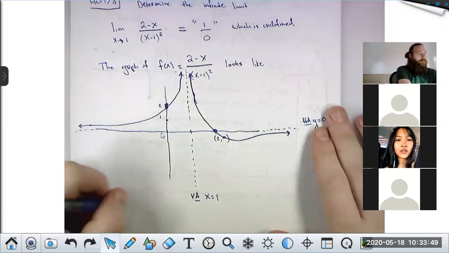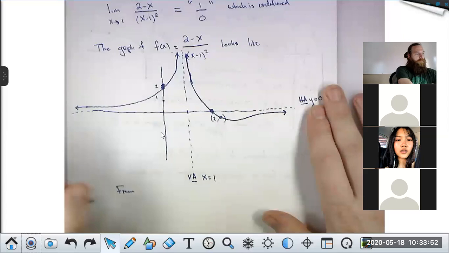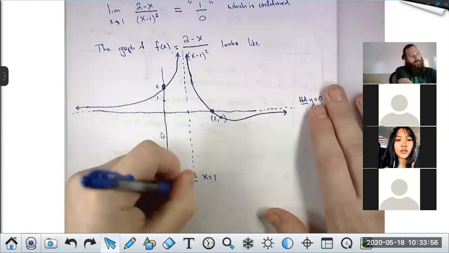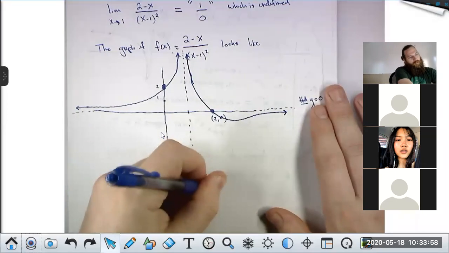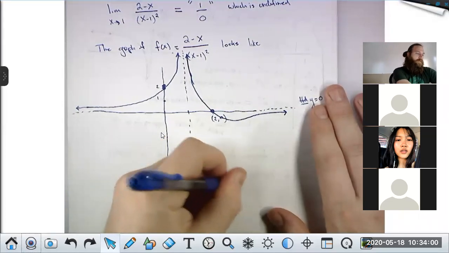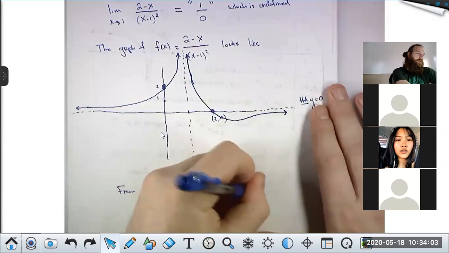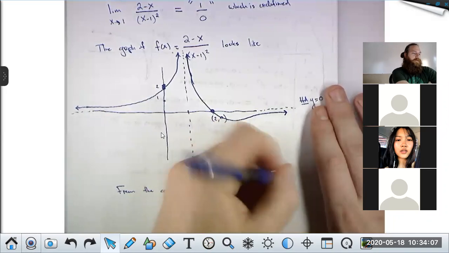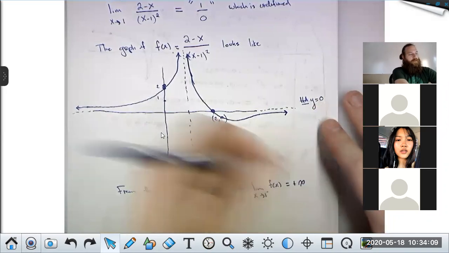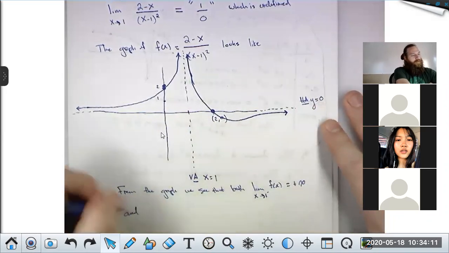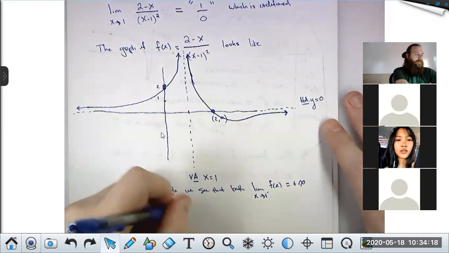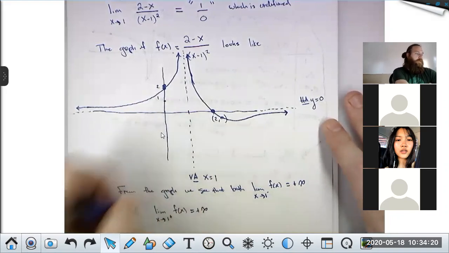So from the graph, we see that both the limit as x approaches 1 from the left of f of x is plus infinity, and the limit as x approaches 1 from the right of f of x is plus infinity.